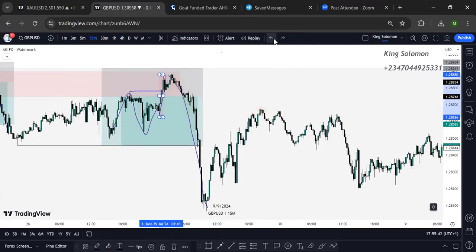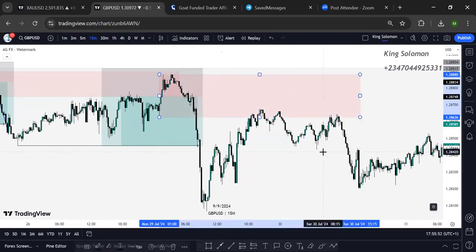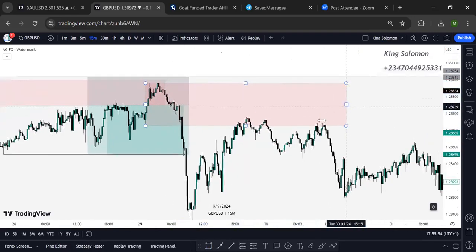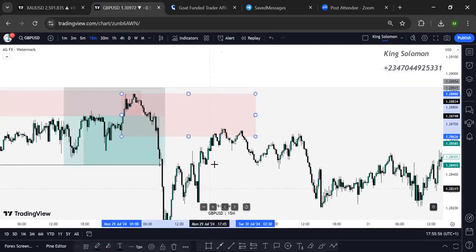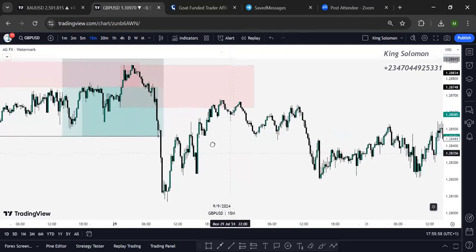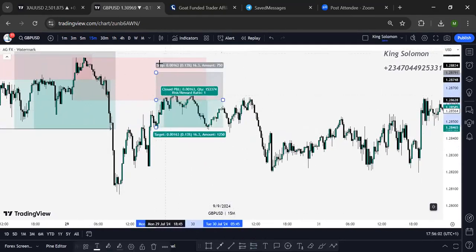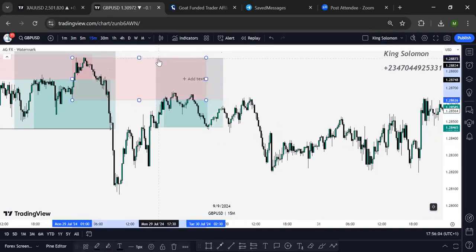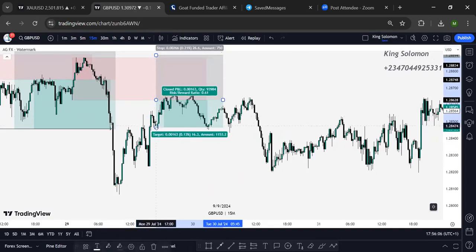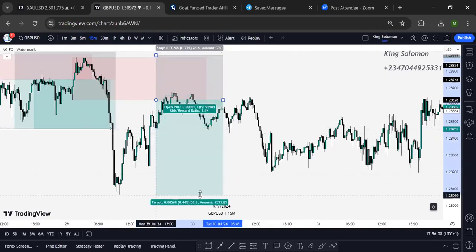Okay, I would actually love to remove this. So this low to this high. And of course, you would have taken something like this here, and your target at your sell side liquidity.